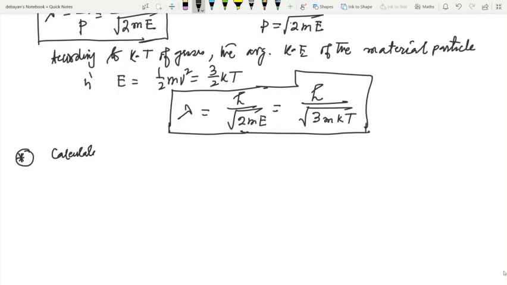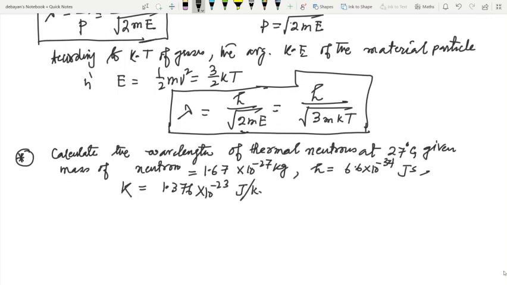Given, the mass of a neutron is 1.67 into 10 to the power minus 27 kg, the Planck constant is 6.6 into 10 to the power minus 34 joule second, and the Boltzmann constant is 1.38 into 10 to the power minus 23 joule per Kelvin. So that is the question.